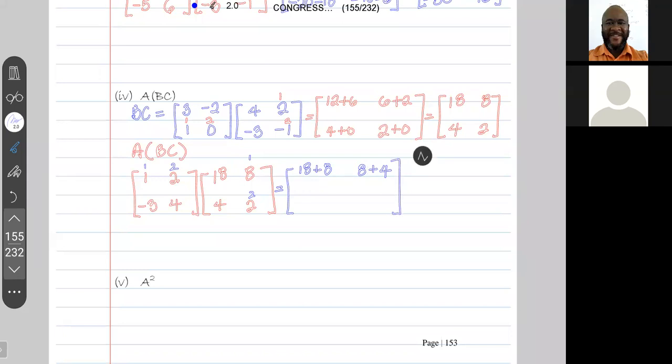Now let's go bottom row, left column. First element in the row, -3, times the first element in the column, 18. I think -3 times 18 is -54. Second element in the row, 4, times second element in the column, 4. 4 4s are 16.